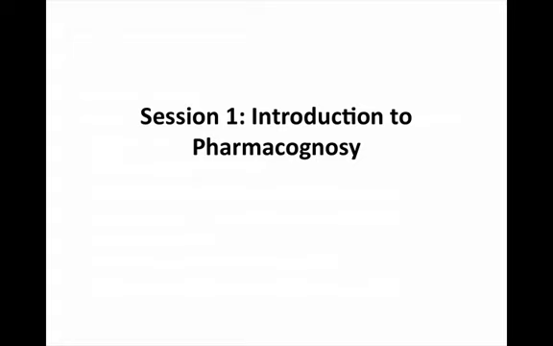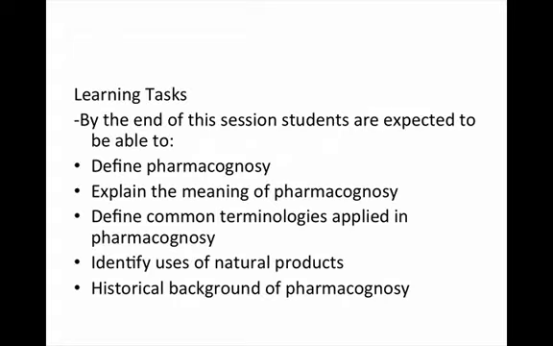Now after saying that, let us continue with our session, ambapo tutaanza na learning task zetu, then tutaenda kuangalia learning task moja baada ya nyingine. Ambapo learning task in our topic are the following. First is to define the word pharmacognosy. Then second is to explain the meaning of the word pharmacognosy.